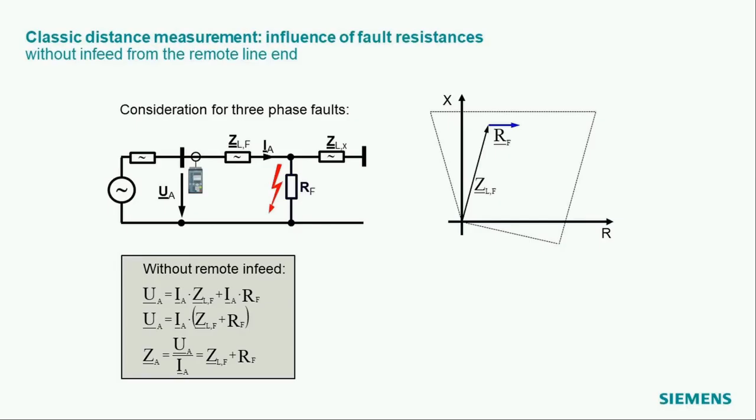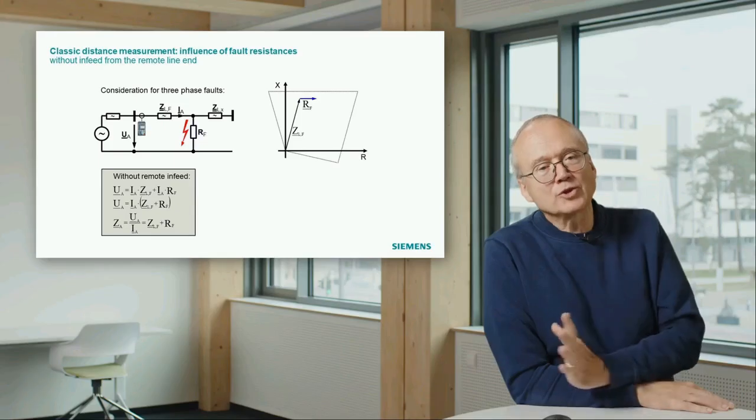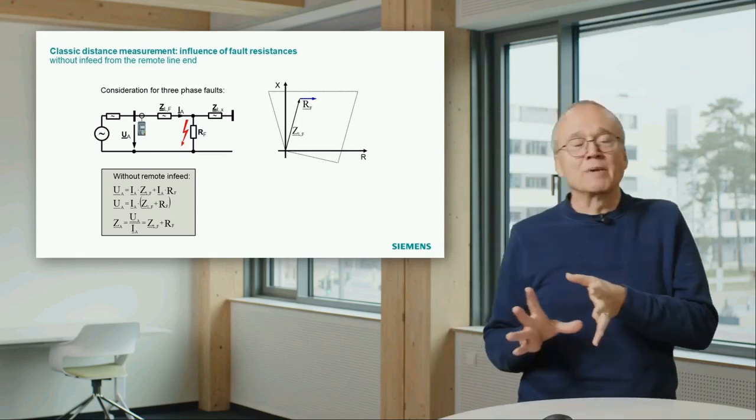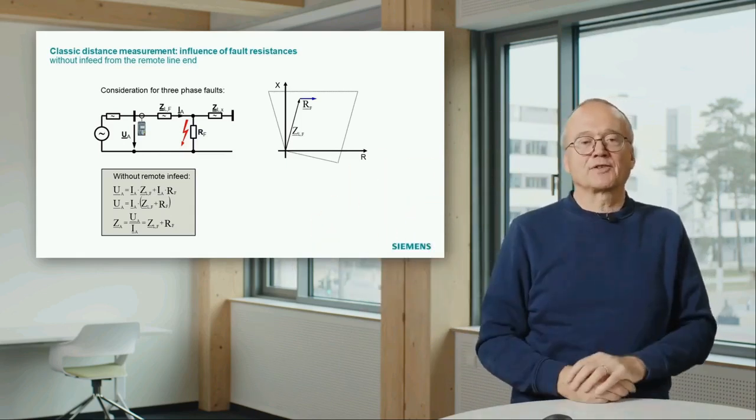Let's first of all assume one simple line. You see here a diagram. On the left-hand side, we have a protection relay. We have a short circuit with a fault resistance. And on the right-hand side, we assume the rest of the line. And in the first step, we assume there is no infeed from the other side.